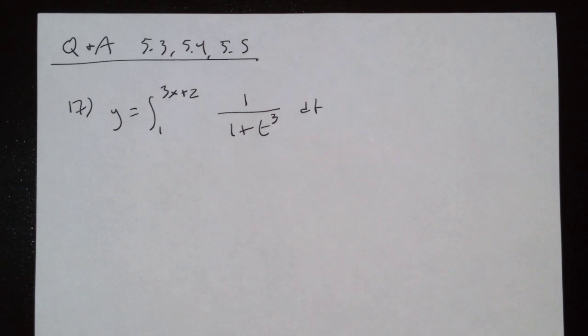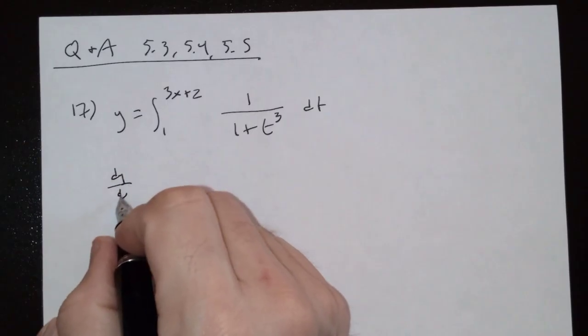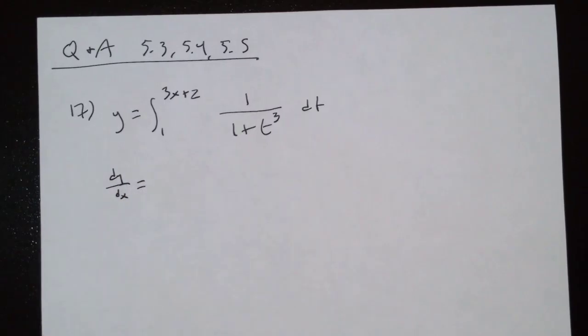Okay, we're asked for dy/dx. When I'm taking the derivative of an integral, the fundamental theorem of calculus says that when I take the derivative of an integral that goes from a to x, all I have to do is replace the variable in the integrand with an x, right?